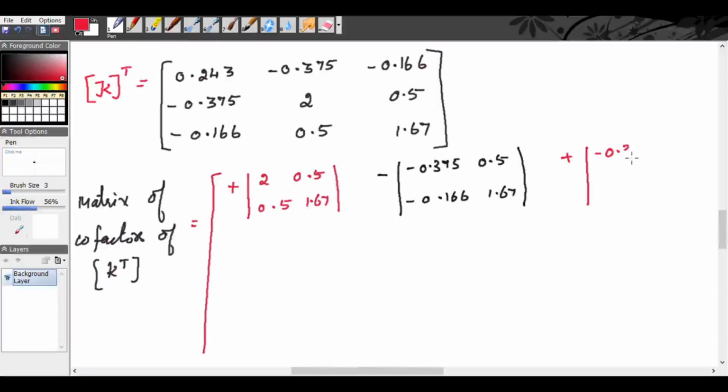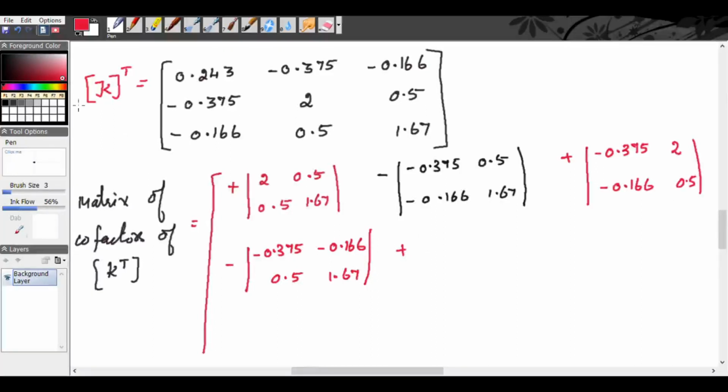minus 0.375, 2, minus 0.166, 0.5. Okay. Now for this value, the cofactor will be minus 0.375, minus 0.166, 0.5, 1.67.